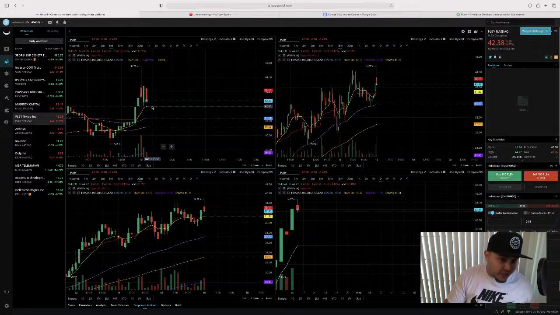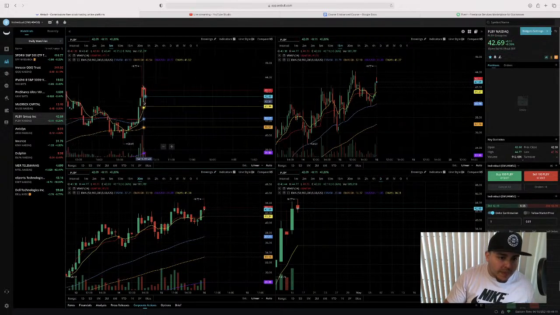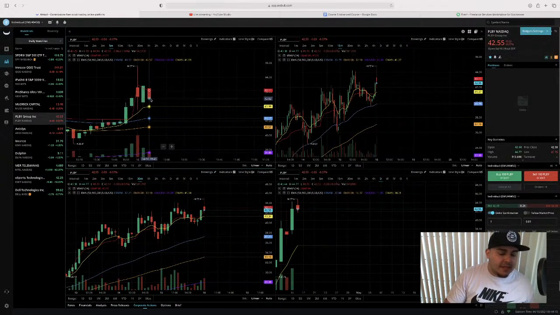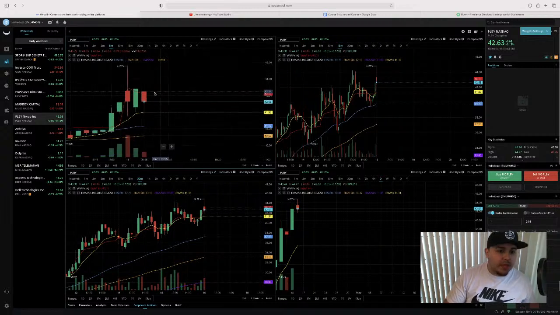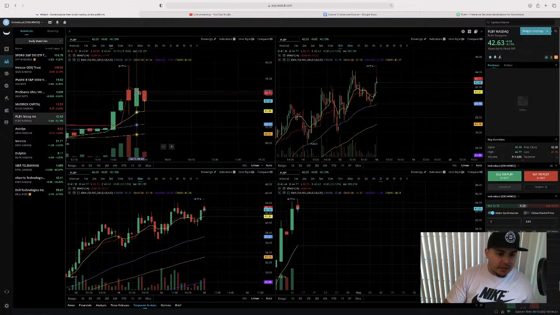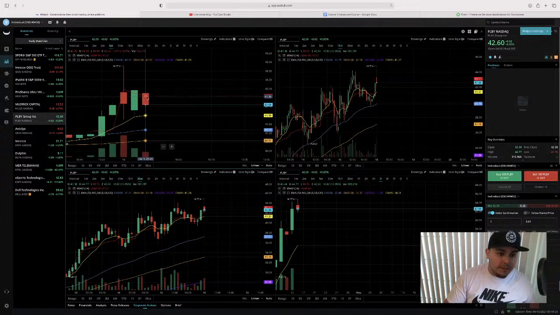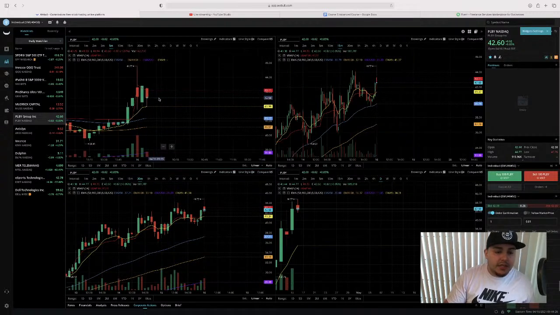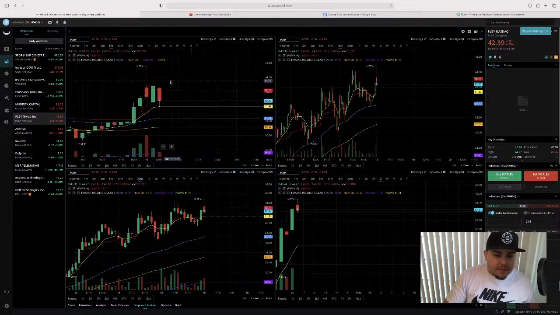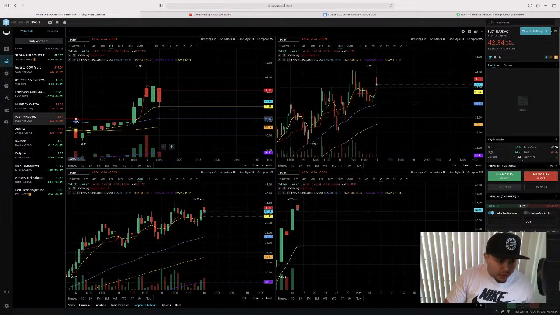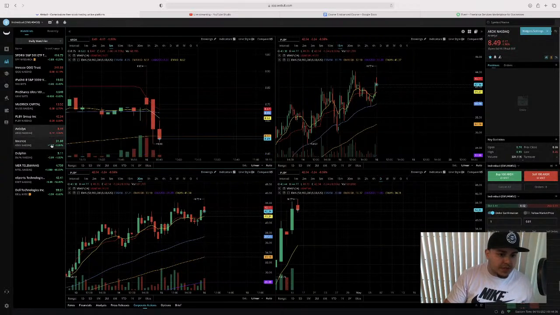Then in the next 5-minute candle, I want to see the trade line start to curl back up and see if we can get that trade line VWAP crossover, and then I'll go long on some shares. This is a really good setup here. I like it. I want to see it hold support, and if it does, then I'll go long on some shares.